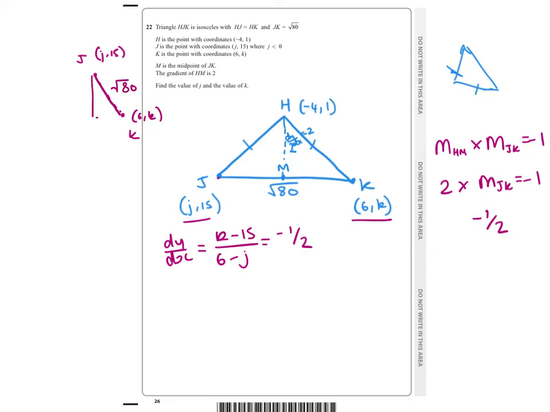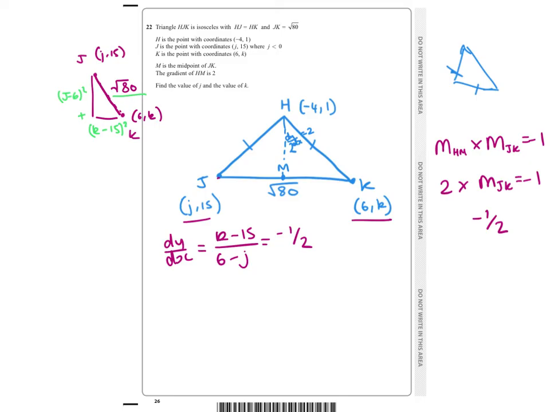So now, I can use, between J and 6, so this is J minus 6, and then this length here is K minus 15. Okay, so what I need to do now, if I square both of these sides and add them, I'm going to get root 80 and square root them.